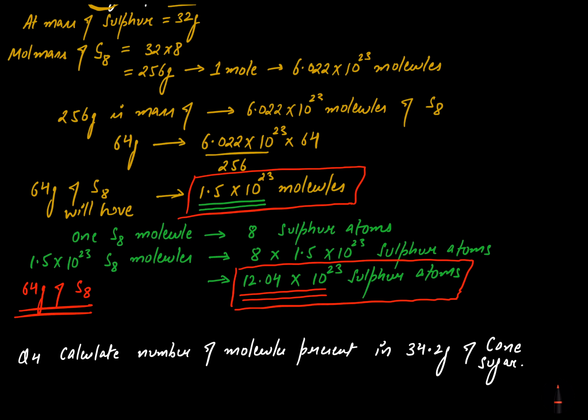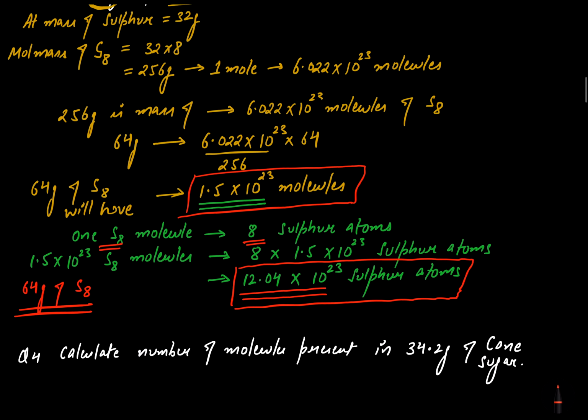What I have done over here, first of all, I have evaluated the number of molecules in 64 gram of S8. Then I knew that one S8 molecule has 8 sulfur atoms. So I have multiplied the number of molecules present in 64 gram of S8 into 8, and I got 12.04 into 10 to the power 23 sulfur atoms in 64 gram of S8. So this was the third numerical.